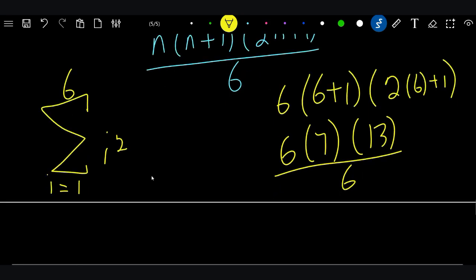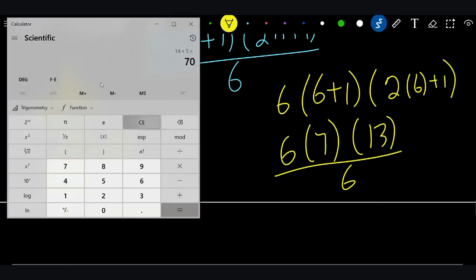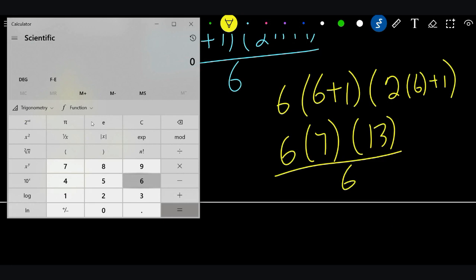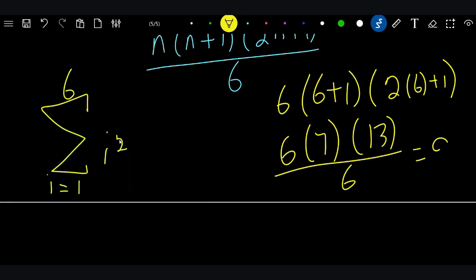At this point, I'm going to defer to the old calculator, and you probably should too, unless you're just really, really intelligent. So 6 times 7 times 13 equals 546, divided by 6 equals 91. And there's our answer, 91.